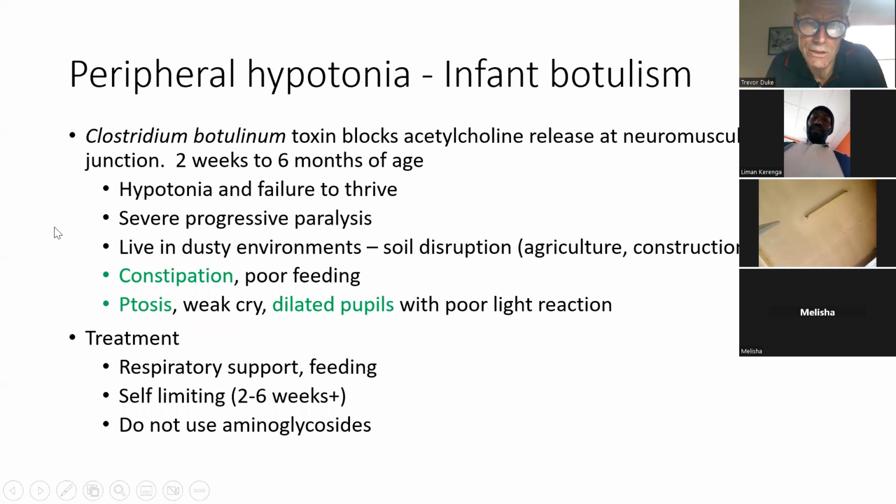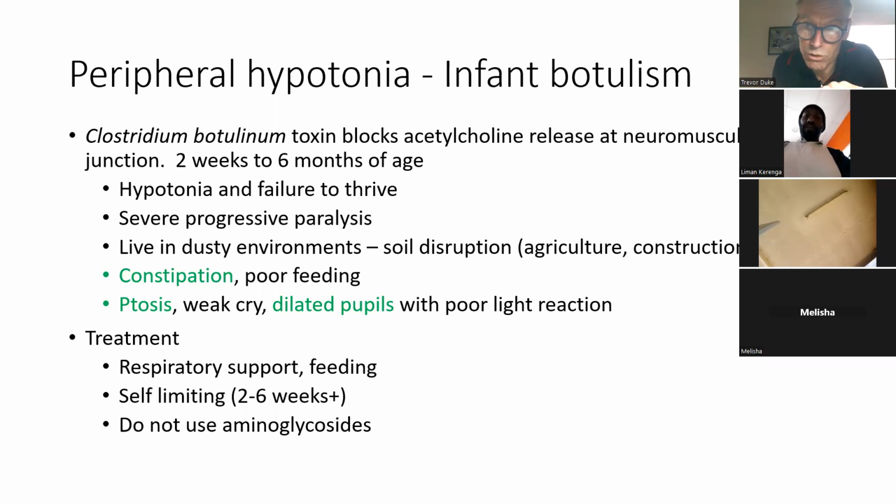Botulism is an interesting disease that I think we probably see a bit more often than we recognize. We probably don't recognize it very much, but they're babies that in the first 2 to 6 weeks to 6 months of life can present with hypotonia and failure to thrive. And they have severe and progressive paralysis.